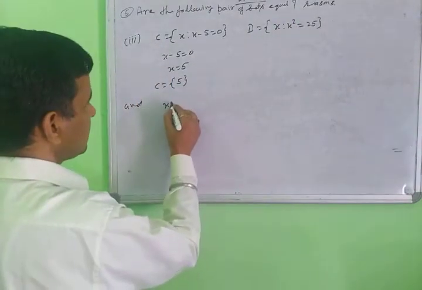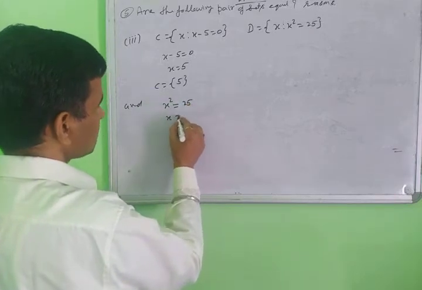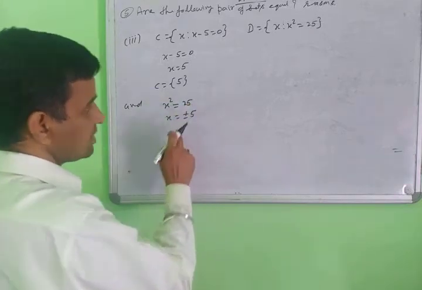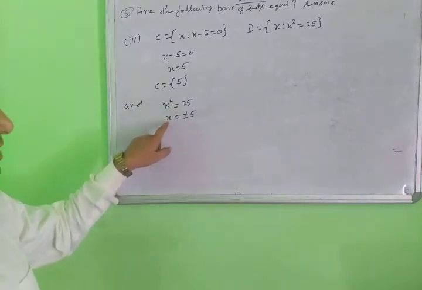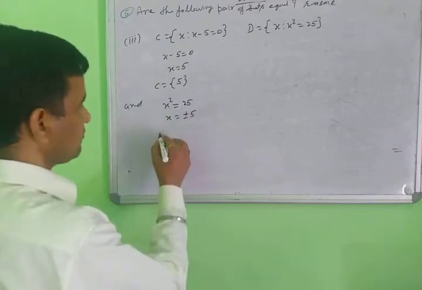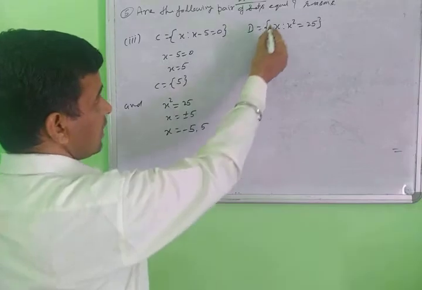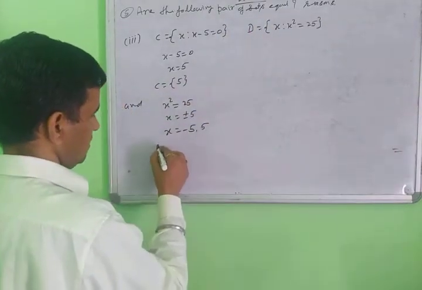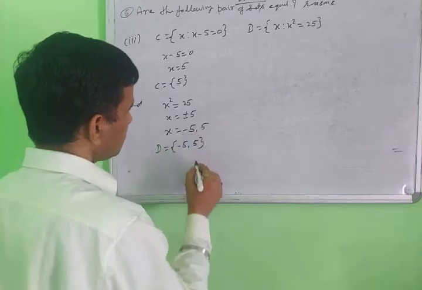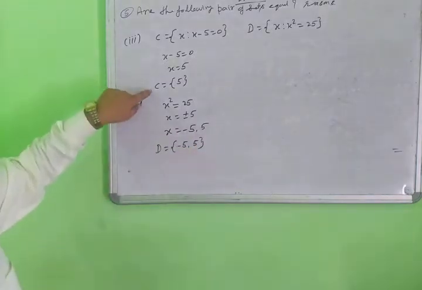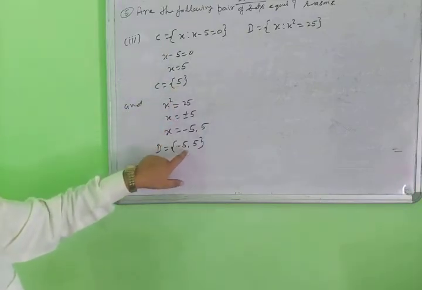Now in set D, x square equals 25 means x equals plus or minus 5. You should write in this form; don't write only plus 5. So the value of x is minus 5 and plus 5. That means the elements of set D are minus 5 and plus 5, while set C has only 5.